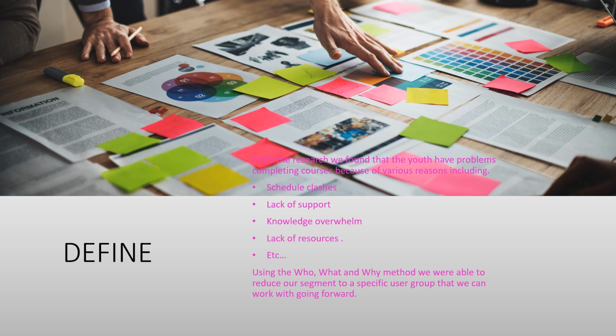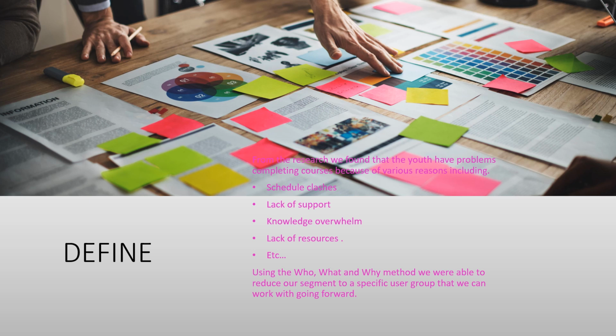We compile all that information from the research, and then we found that the youth have problems completing courses because of various reasons, some being schedule clashes with their own personal lives. They lacked the support they needed whilst they were going through the programs. The knowledge overwhelm, where they didn't know what to take exactly and how to form parallels between the information that they were getting. So there was information overload.